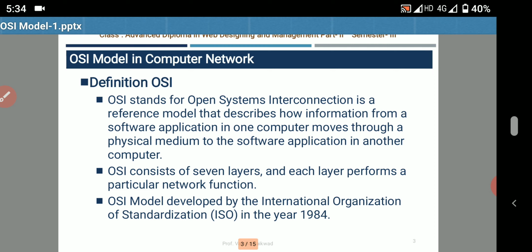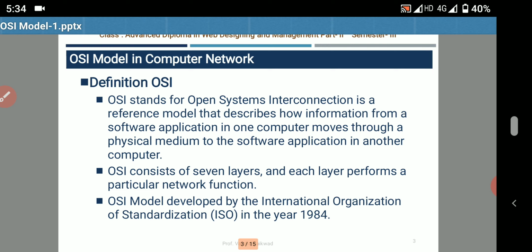Now suppose two devices are connected in a network. The devices are connected through cable, okay, and they use RJ45 connector. So these devices are connected in a network.